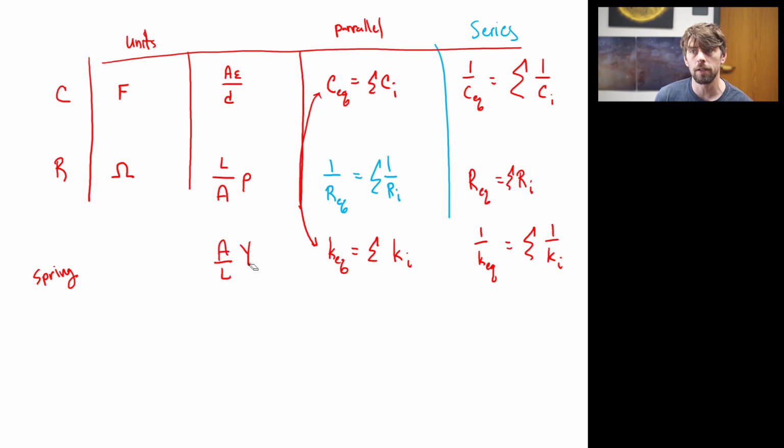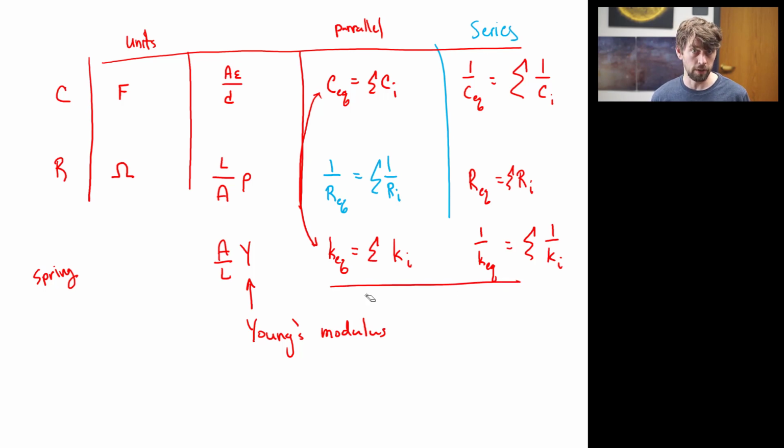What ends up being the constant of proportionality is referred to as Young's modulus. Again, it's a material property, and it has to do with the mechanical strength of a material, or more specifically of an atom. So I'll leave that for you for right now. But please bear in mind that this comes in other facets, and you'll see this in mechanics of materials. This idea will certainly be covered in that class.